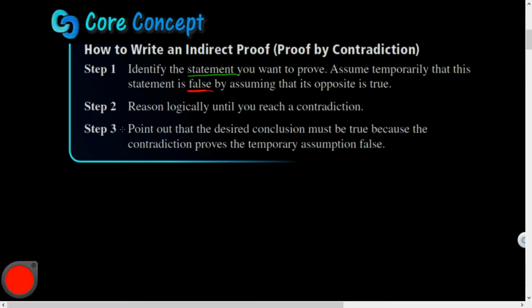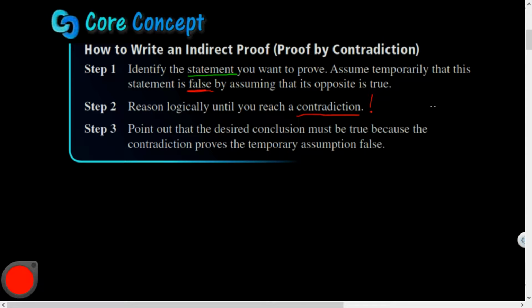Reason logically until you reach a contradiction, until you get some statement that is impossible, illogical, does not make sense. Point out that the desired conclusion must be true because the contradiction proves that the temporary assumption was false.